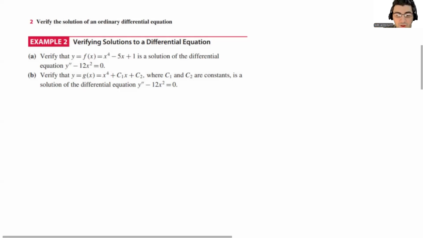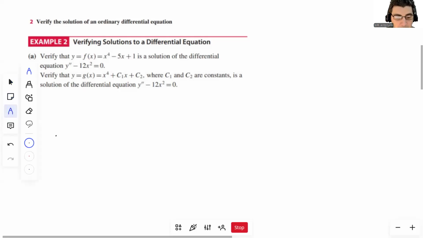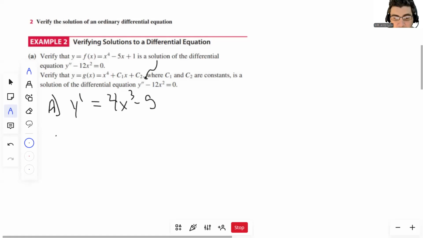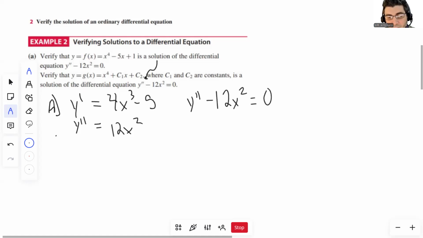So this is for part A here. You take the derivative of y, which is 4x cubed minus 5. And since the highest derivative in this differential equation is the second derivative, we're going to take the second derivative, which is 12x squared.